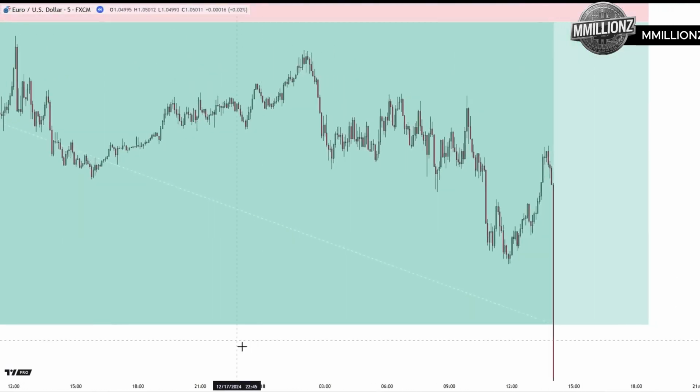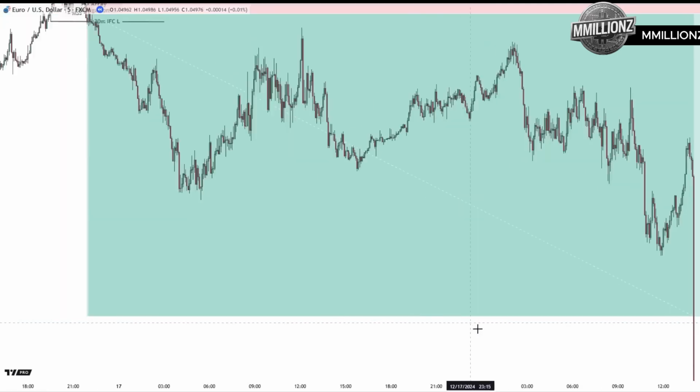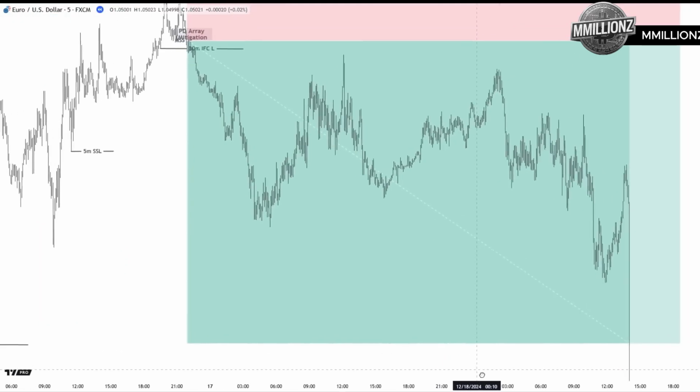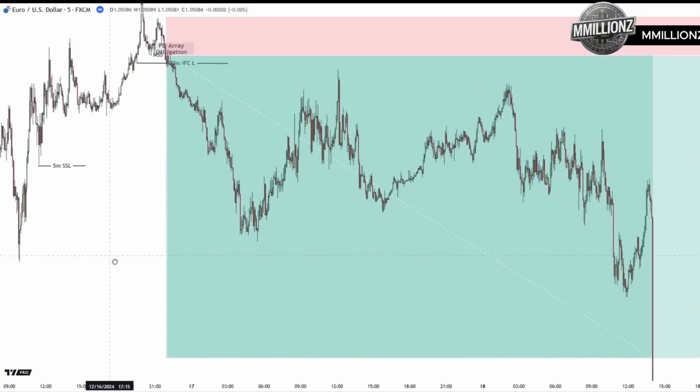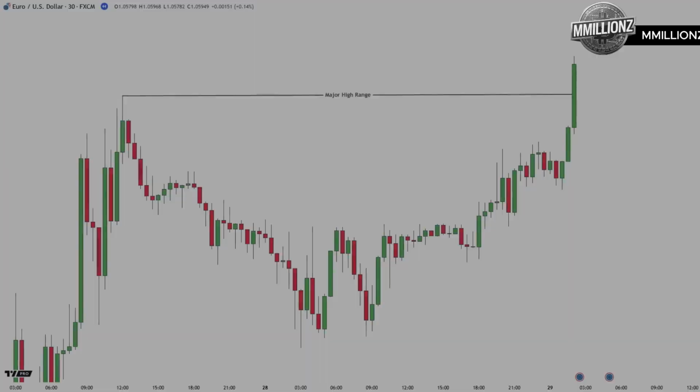Finally, the price has successfully reached the take profit level. Now, let's move on to another example to further solidify this concept.